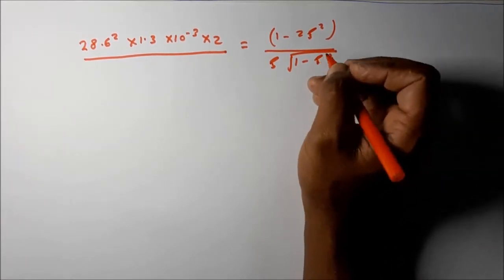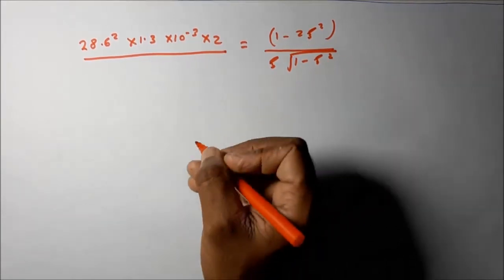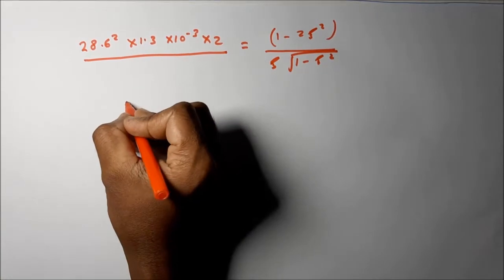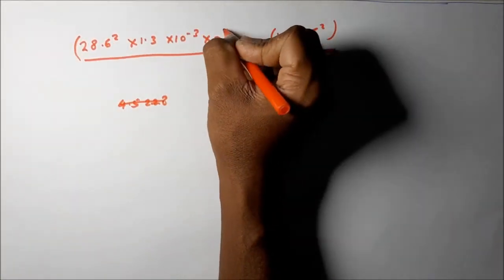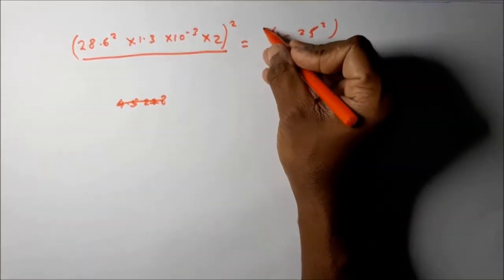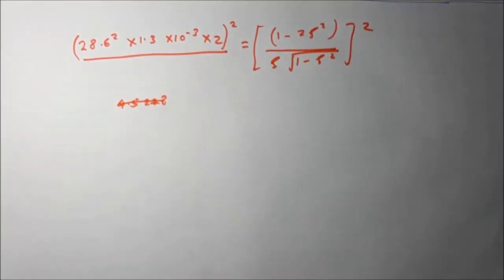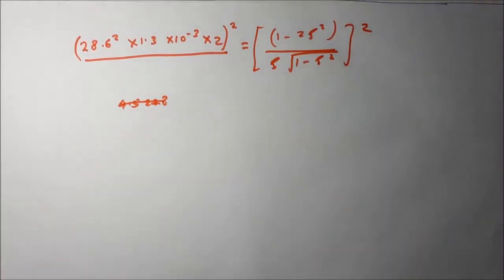So then we can further simplify this equation. First I am going to take the square of this term. By simplifying this equation and taking the square, we get this value.